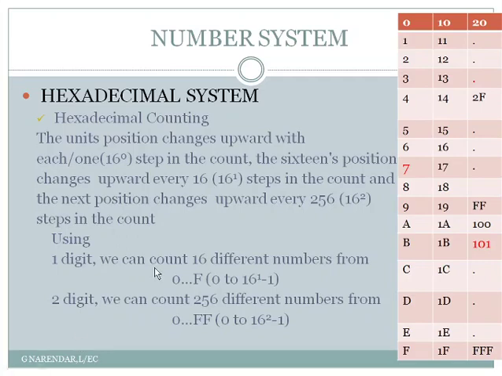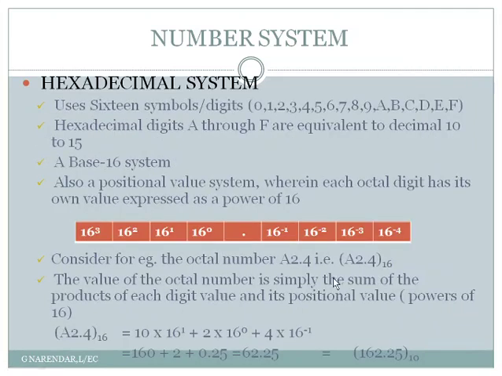Here we'll also see some notation by going to the previous slide. You can see that this is called the first place. If there is no decimal point, it's an integer number. If it is an integer number, this is called the ones position, because 16 power 0 is 1.